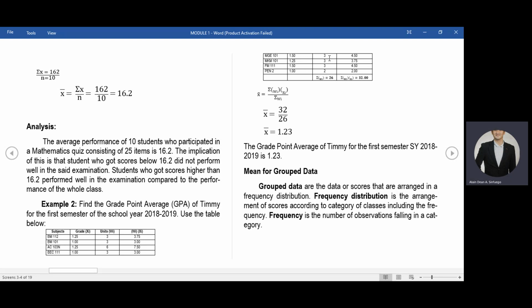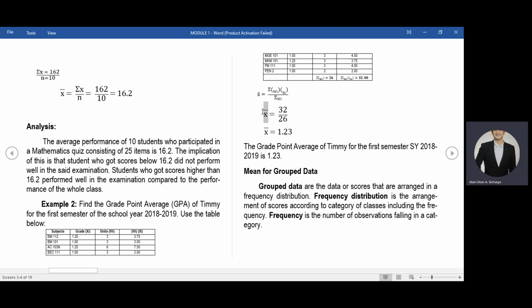All you need to do is add all the units earned, which is the summation of the units, which is 26, and the summation of multiplying the grade and the units, which is 32, divided by, okay, the summation of the total number of units, which is 26.